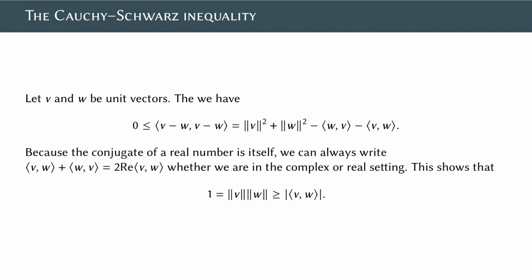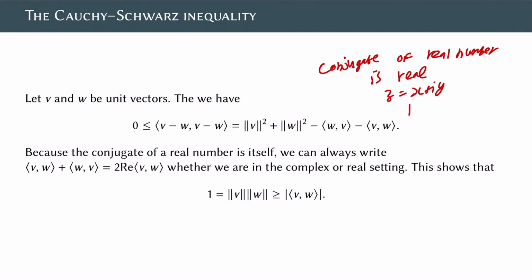Okay. Now here observe that the conjugate of a real number is real, obviously. And if you have a complex number z equal to x plus iy, then real part of z is nothing but z plus z conjugate by 2. This is something that you have learnt in your school when you studied complex numbers. Okay.